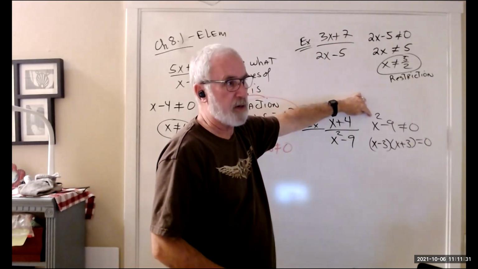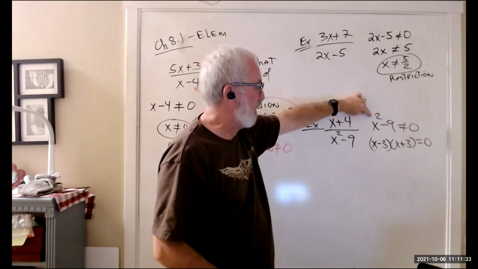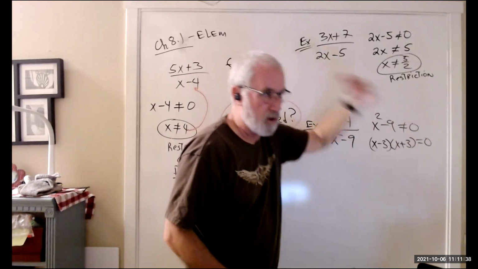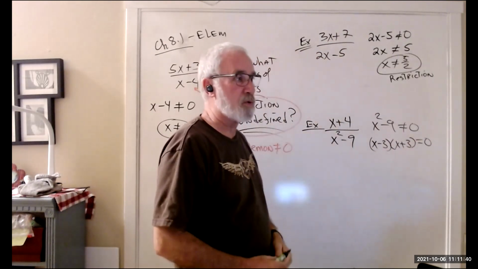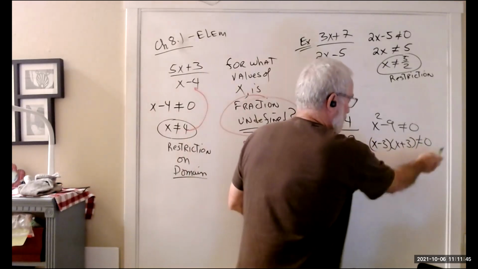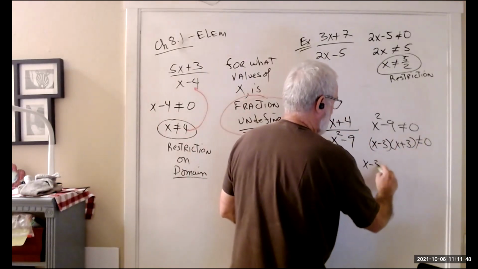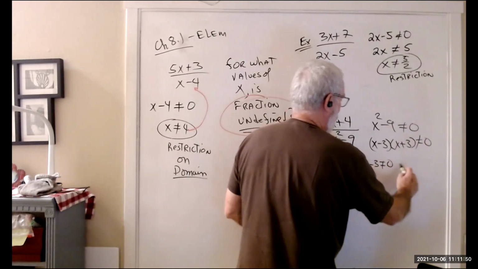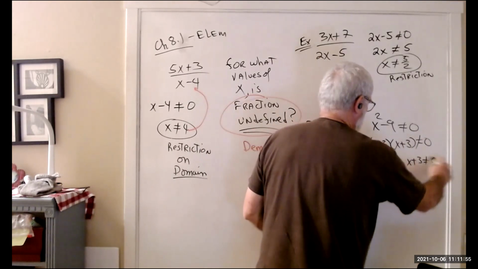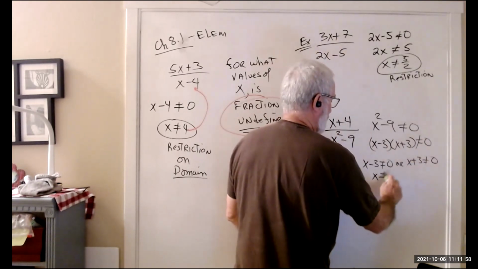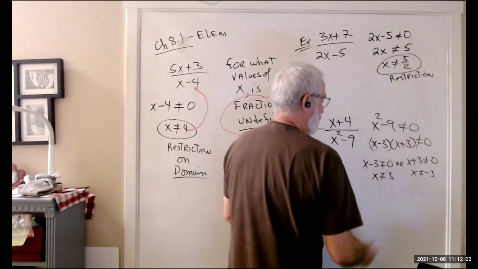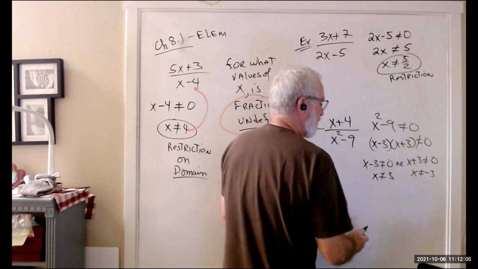This is what we studied in chapter 7. And the only way to do it with a power is to factor it. So this is why all that chapter 7 stuff was super, super important. So you factor this. It doesn't equal 0. You split it up. X minus 3 doesn't equal 0, or x plus 3 doesn't equal 0. So we get x doesn't equal 3. X doesn't equal negative 3. Some of you have seen this before.